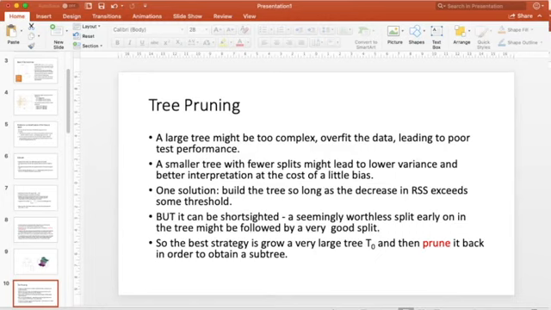Sorry, maybe I want to talk the other way around. If you build the model too complex, you're going to have a little bias because you can increase the accuracy, but you're going to end up with high variance. But if you have a model that is too simple, you're going to have a high bias, but a lower variance.